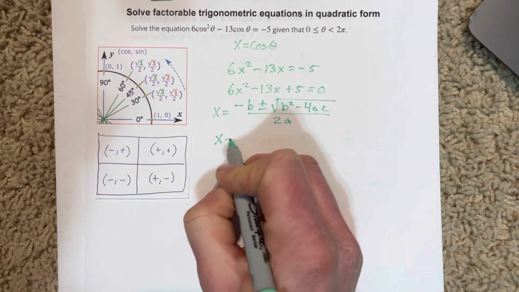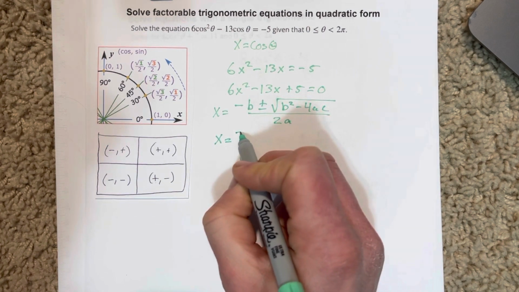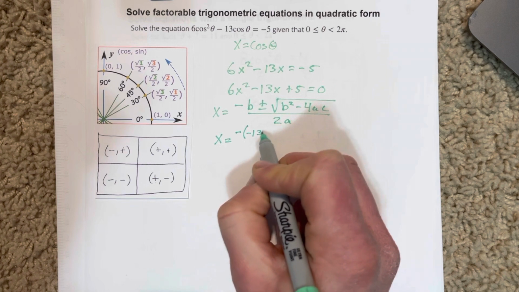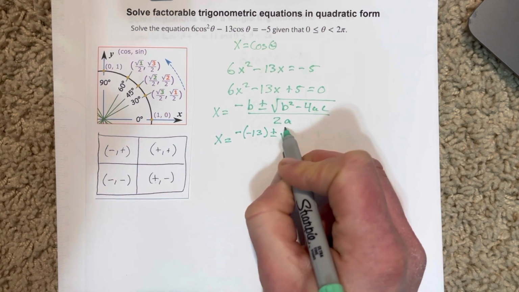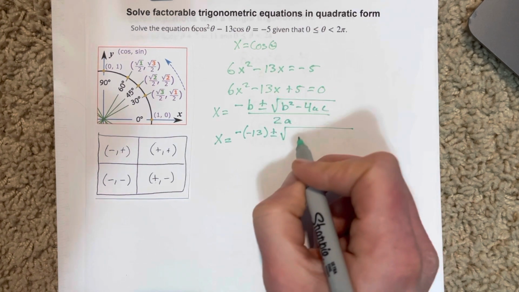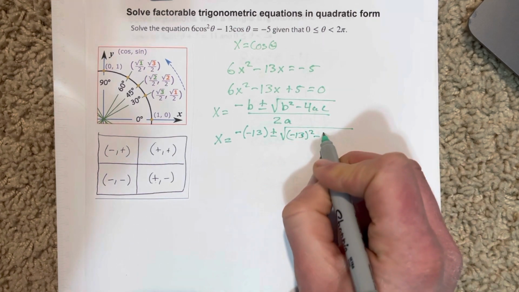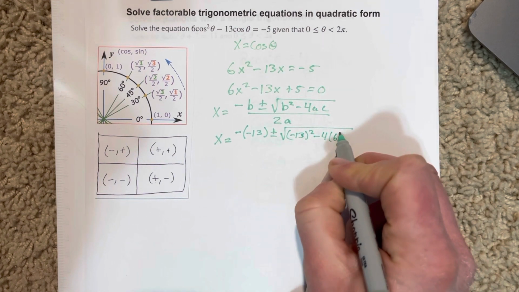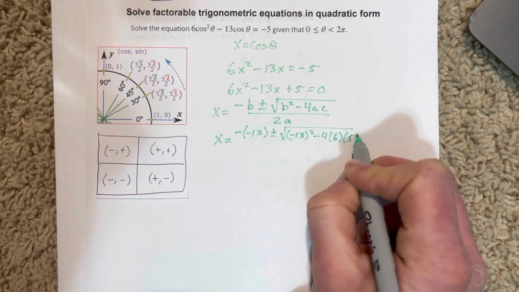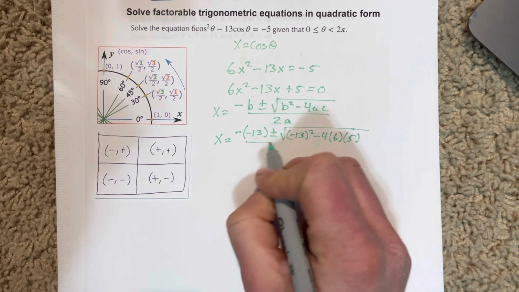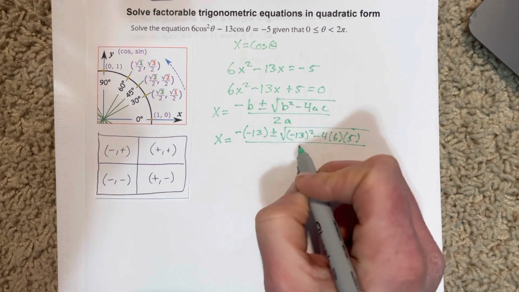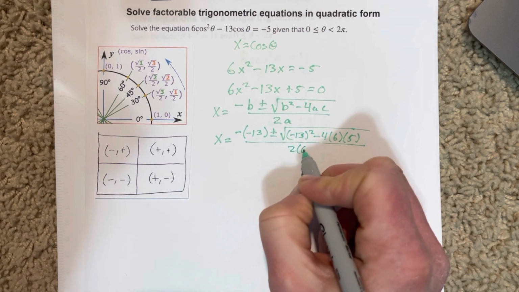So x is going to equal negative 13 plus and minus root of negative 13 squared, minus 4 times a, which is 6, times c, which is 5, all over 2 times a, so all over 2 times 6.